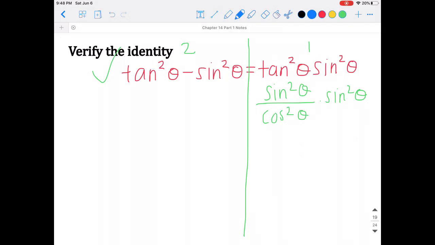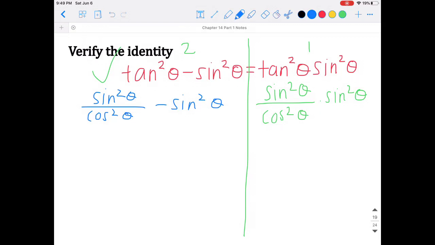So we have tan squared theta minus sine squared theta. First thing, we want to get a common denominator, but we're going to simplify a little bit first. So tangent squared of theta can become sine squared theta over cosine squared theta minus sine squared theta. So notice we have sine squared theta over cosine squared theta, which is in our final goal, so we're probably on the right track.